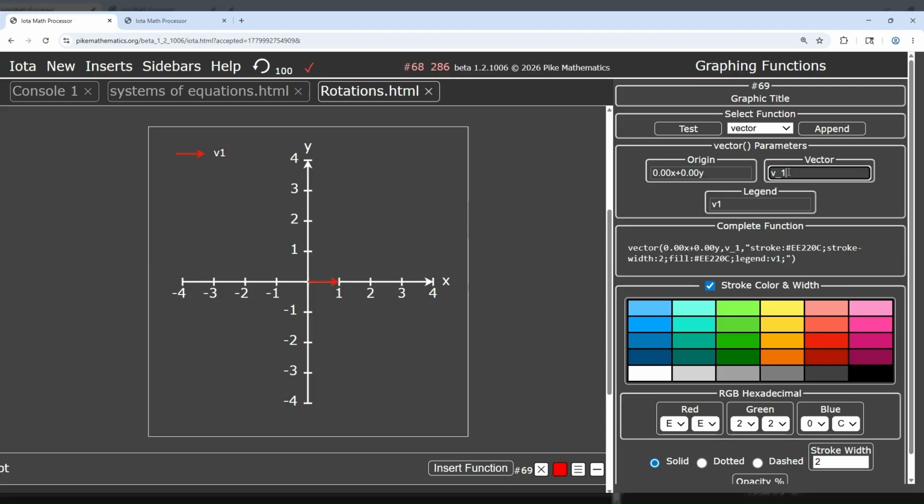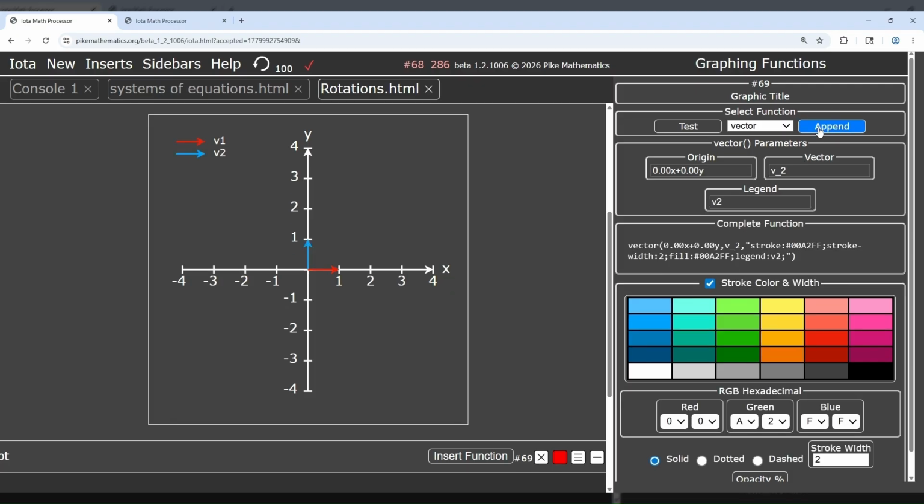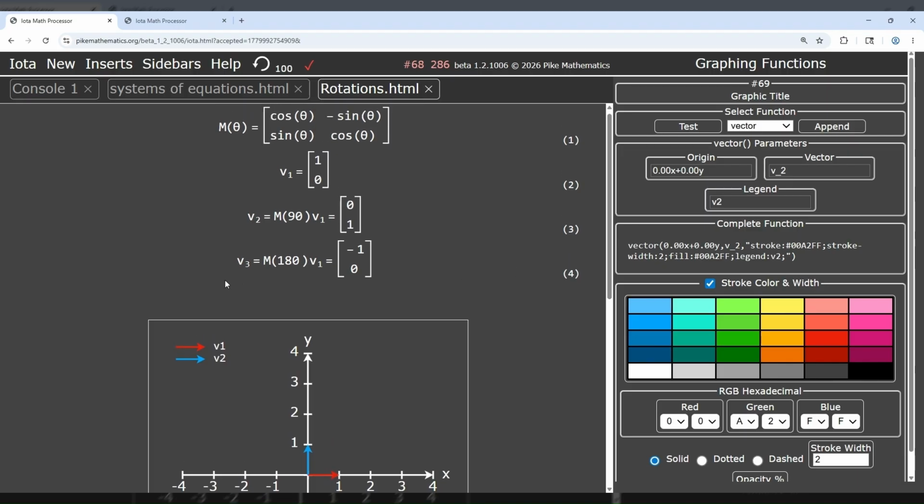I can do the same thing with v2 that we already created, except we'll make it blue. There's the first rotated vector. What about this third one, v underscore 3? I could similarly just reference v underscore 3, but I want to show you that this box can actually do math itself, and it understands this rotation matrix.